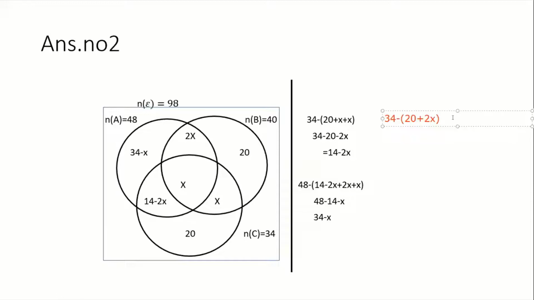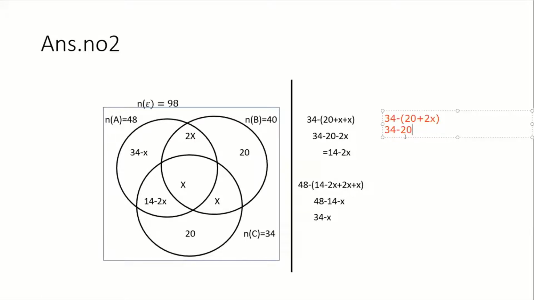So if we are to open up the brackets, we shall end up with a 34. Remember, we have a positive 20, but outside we have a negative 1. So if we multiply a negative 1 times a positive 20, we shall end up with a negative 20. That comes out to be a negative 20 plus, still we have here a negative 1 and still a positive 2x here.